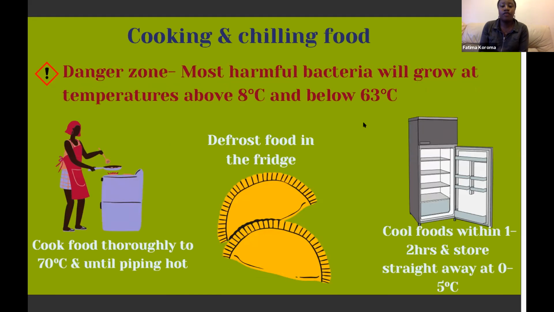So, first of all, I will talk about what they call the danger zone. The danger zone is where the most harmful bacteria grow; it is the ideal temperature and environment where the bacteria need to grow and multiply. If food sits in between these two numbers, it becomes really hazardous to our health if we eat it.